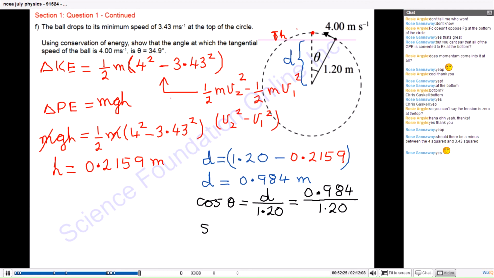I meant to write a C and wrote an S. Cos theta will be 0.984 divided by 1.2. And that's 0.8201.